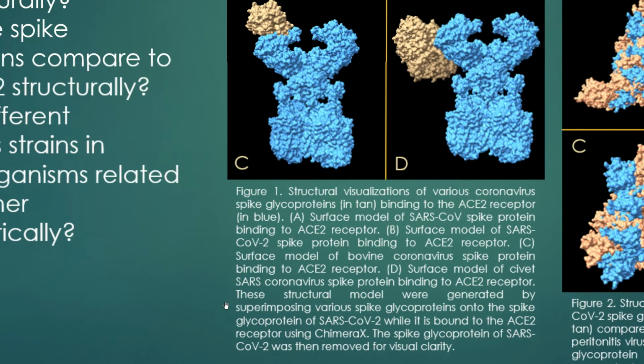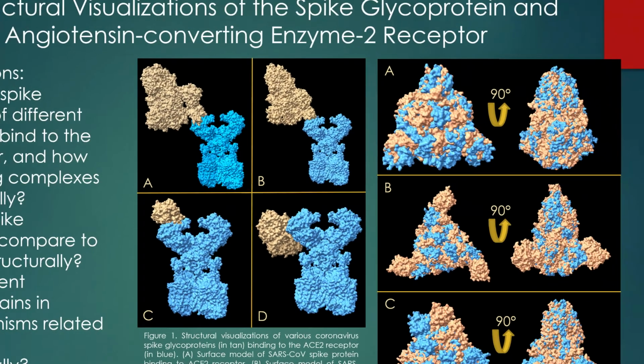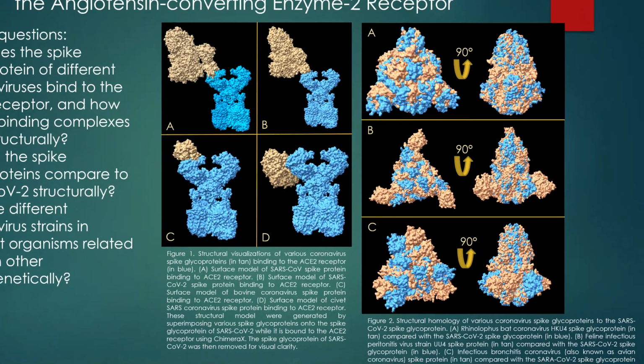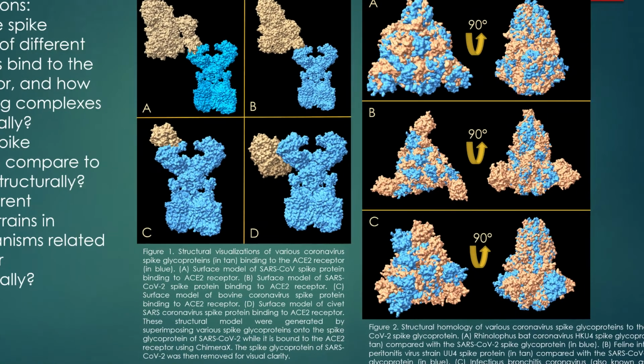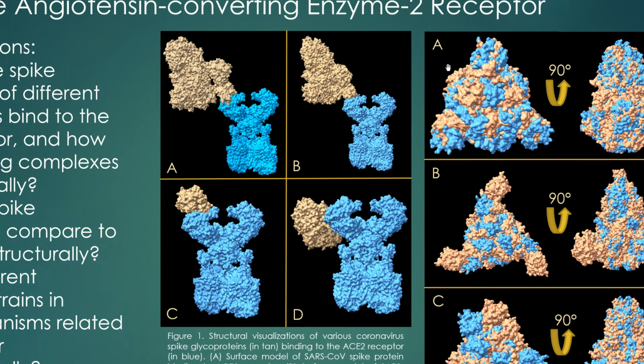And I'm going to zoom in a little bit so that we can see everything clearly. So we're going to look at figure 1 first. Figure 1 shows 4 different coronavirus spike glycoproteins binding to the ACE2 receptor.